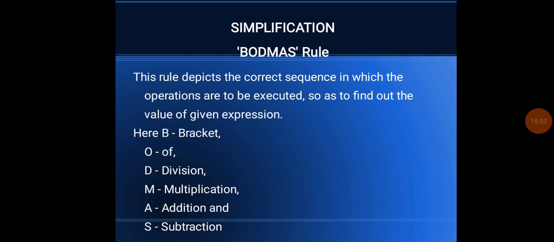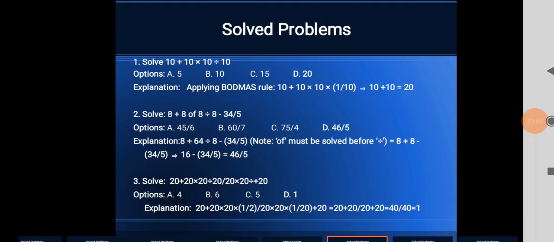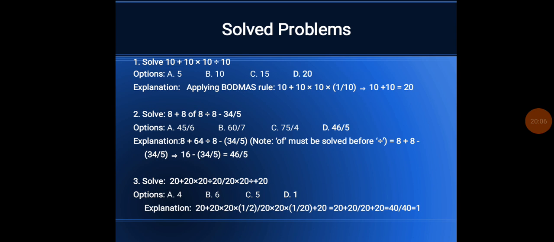Suppose in a question we have 'of', it means nothing but multiplication, that is, bracket. So first, solve 10 plus 10 into 10 divided by 10.